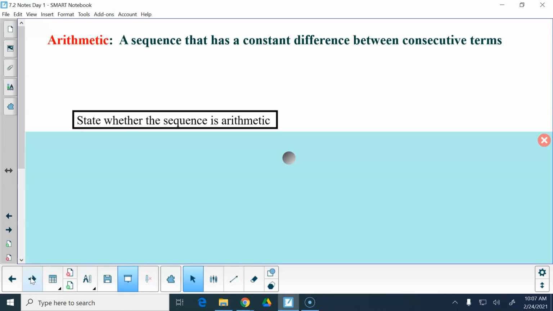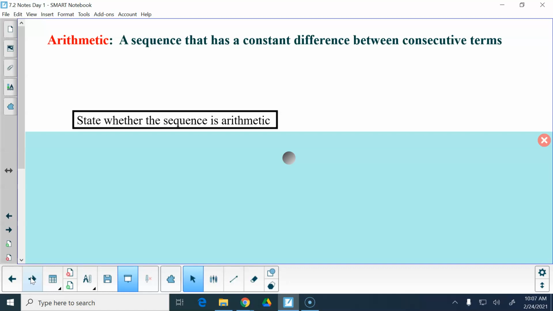So first off, let's define what an arithmetic sequence is. An arithmetic sequence is a sequence that has a constant difference between consecutive terms.